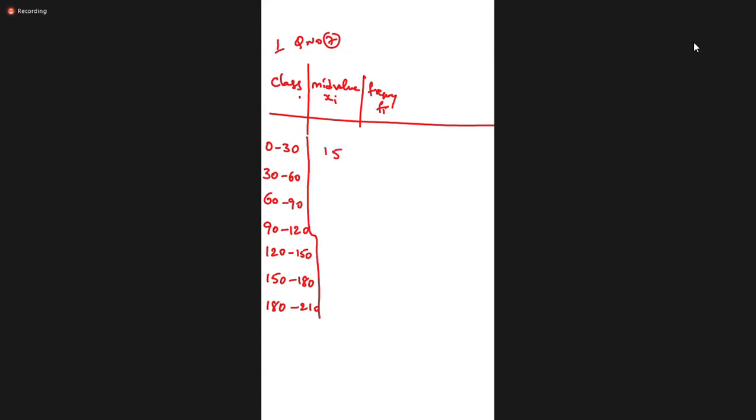Next, the mid values: 15, 45, 75, 105, 135, 165, 195. Next, the frequencies they gave: 2, 3, 5, 10, 3, 5, 2.